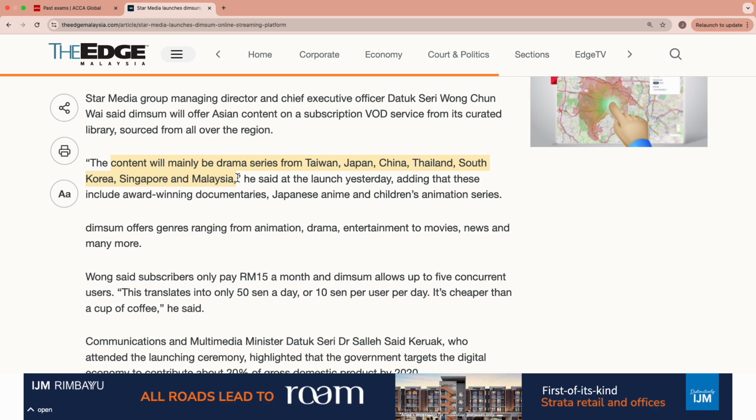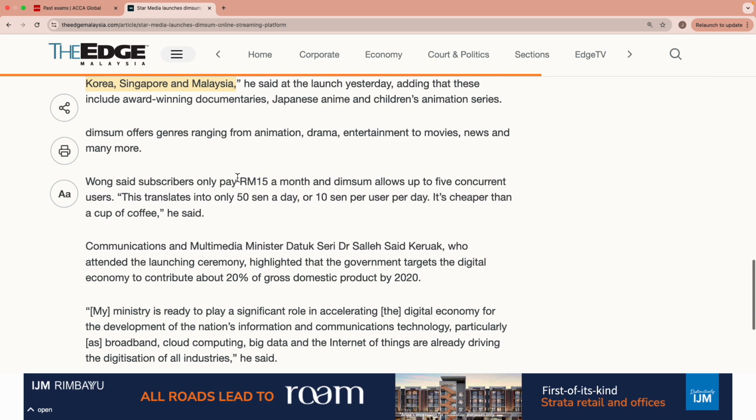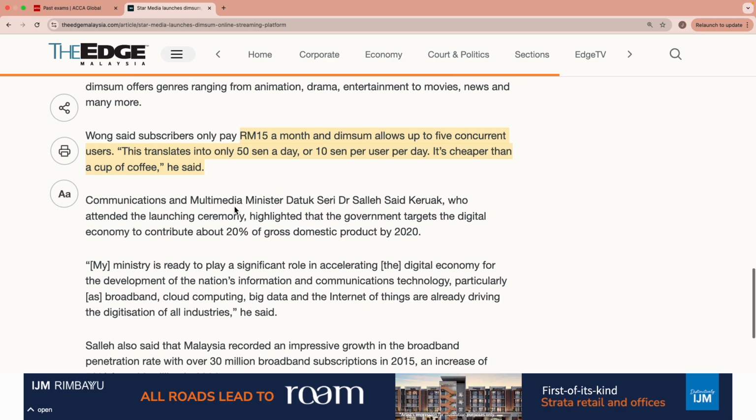It's not what customer like. It's what I think customer like, what I like. Understand that logic? So they only pay $15 a month, up to 5 users. So very cheap lah. They went cheap. Does that make sense?